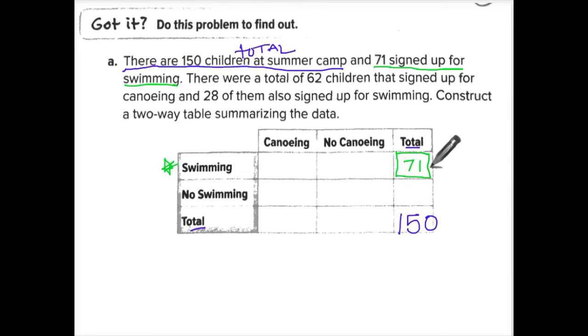Next, a total of 62 children signed up for canoeing. The same thought process goes for canoeing. Here's our canoeing section. Not worrying about swimming or not swimming, we have 62 kids that signed up just to canoe. Some of them swam as well, some of them did not.